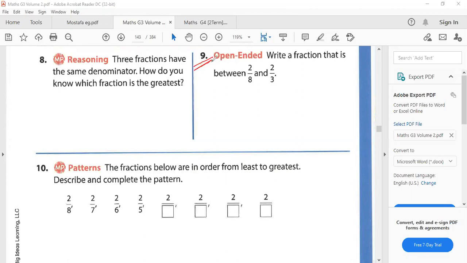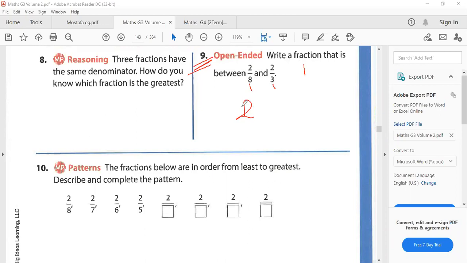number 9. Will be a good one. We have to write a fraction that is included between 2 over 8 and 2 over 3. 2 over 2? Not 2 over 2. 2 over 2 is 1. Of course not. We need a number between 8 and 3 down.